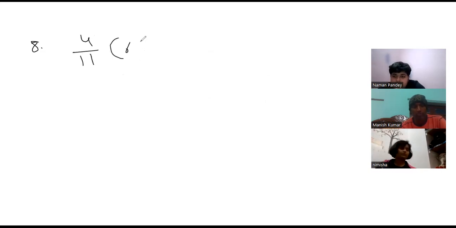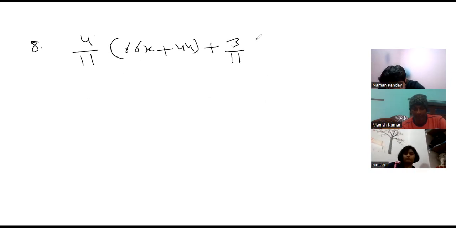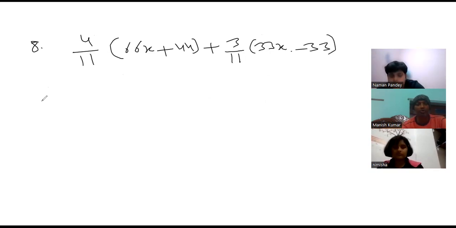Eighth question is simplify 4 by 11 into 66x plus 44 plus 3 by 11 into 33x minus 33, equal to, now we have to solve it.